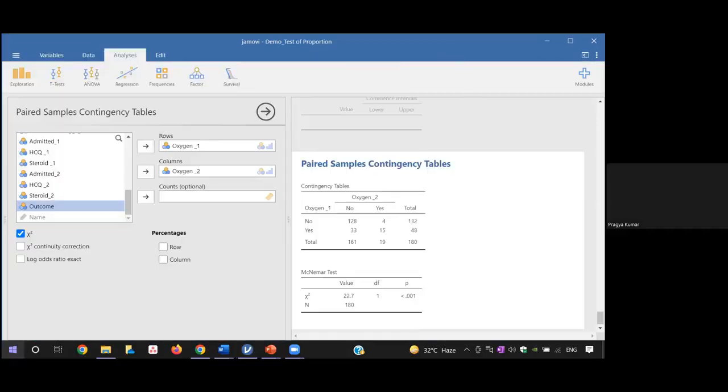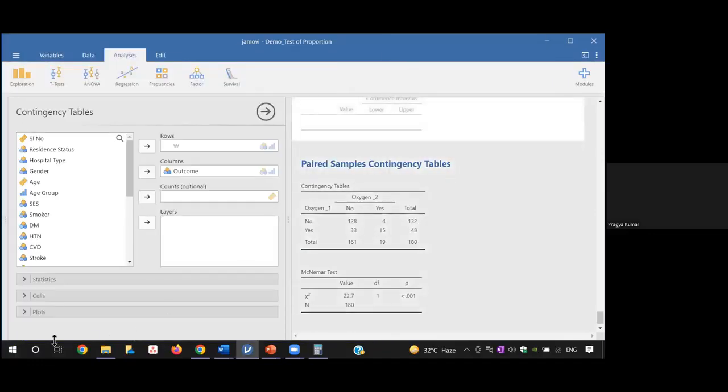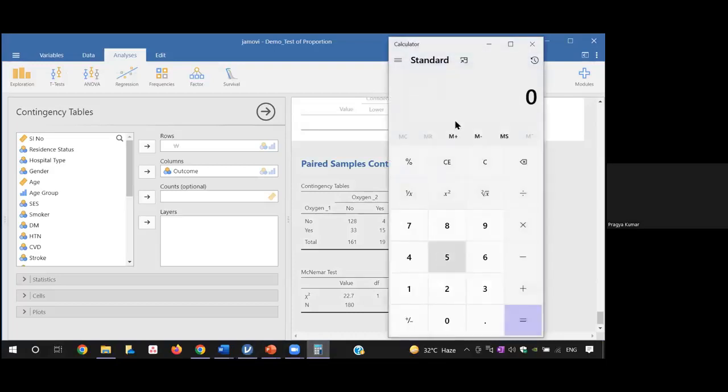I will show with the calculator. So this is the calculator. So before, just a sec, I'll shift this.